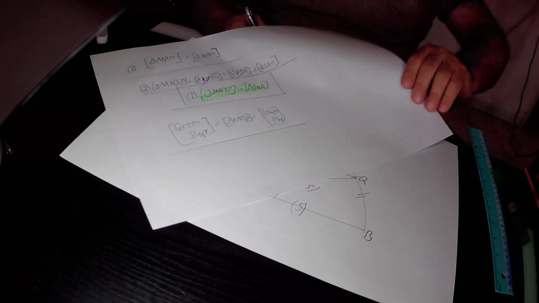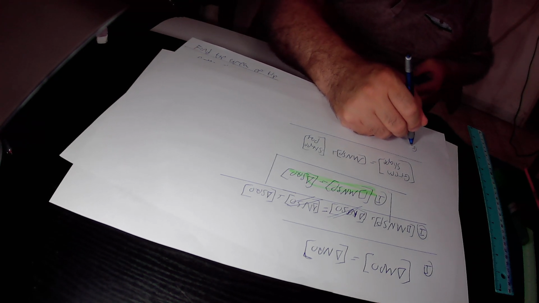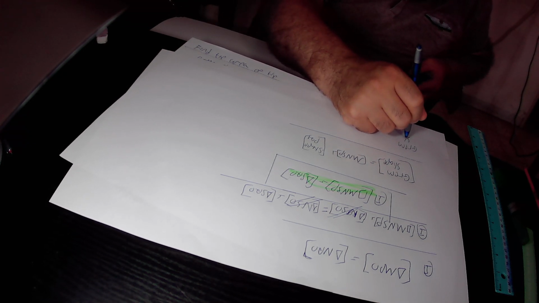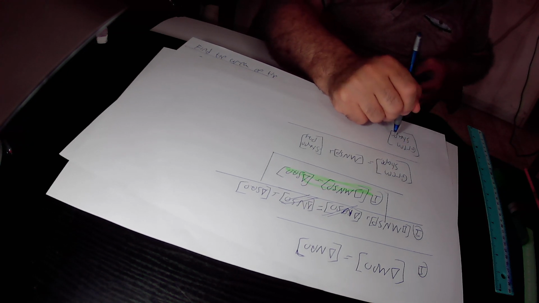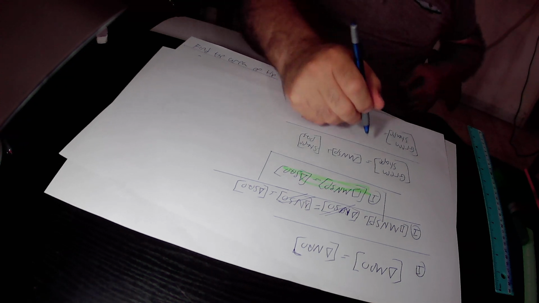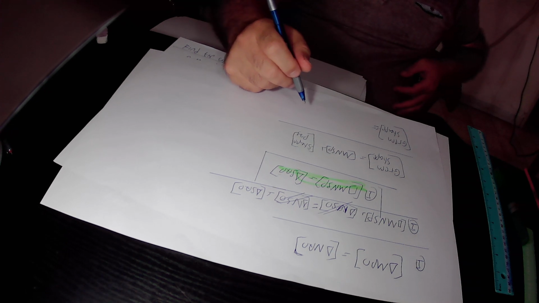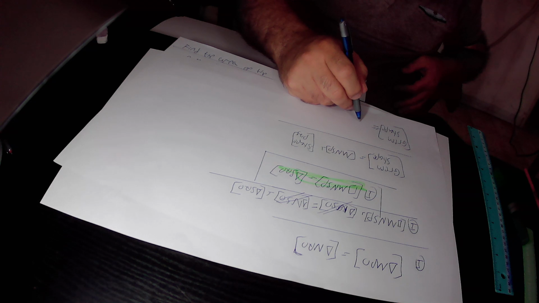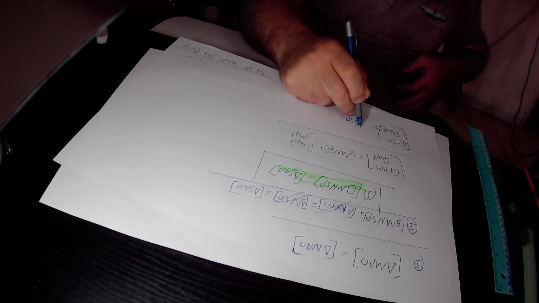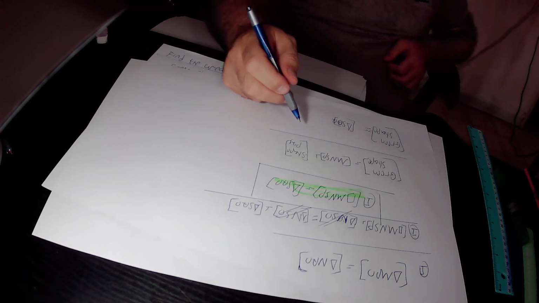And doing it now, we get the area of the green shape in total is equal to the area of quadrangle MNSP, and the area of quadrangle MNSP is equal to the area of triangle SOQ plus the area of shape PQS.